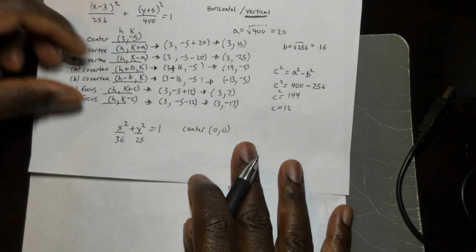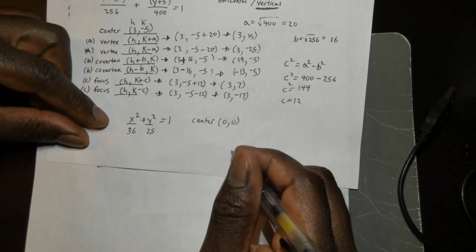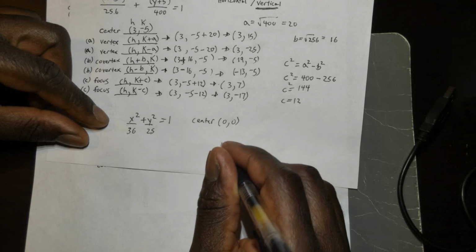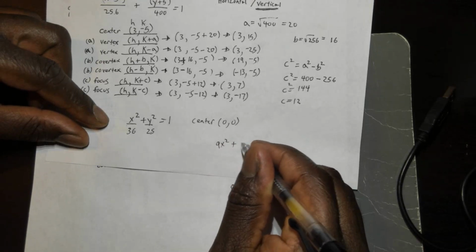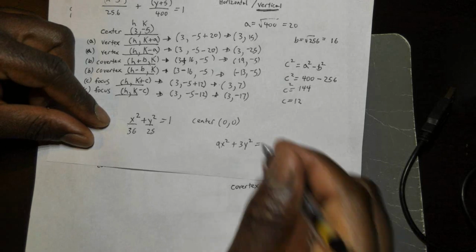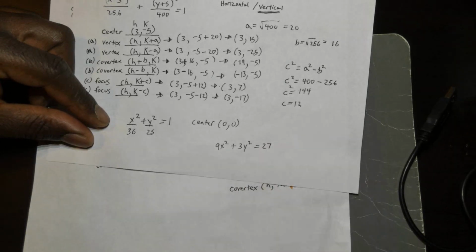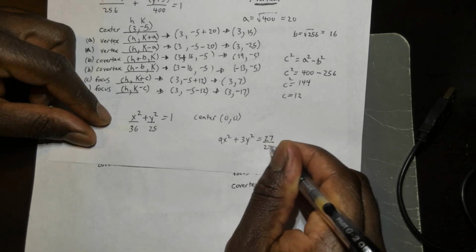Also, another way that they might trick you in this particular example is if you had something like, let's say, 9x squared plus 3y squared equals 27. So what we would do in this case is we would just need to make sure it's equal to 1.